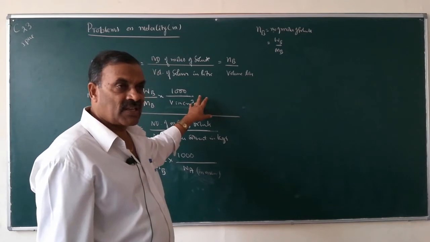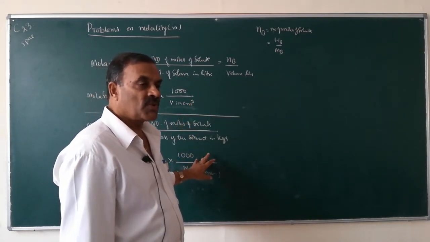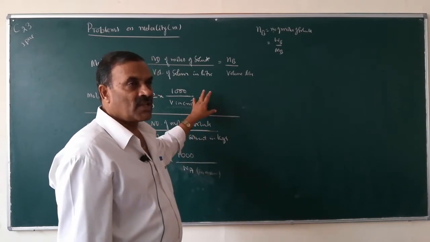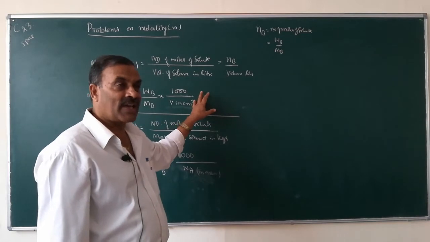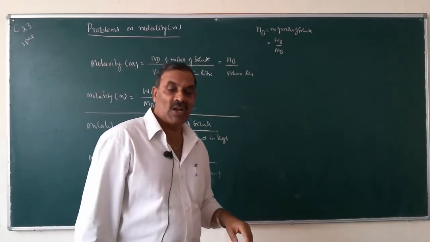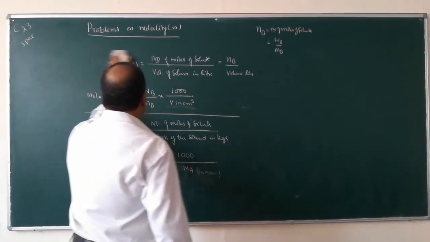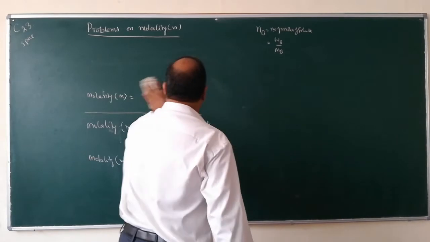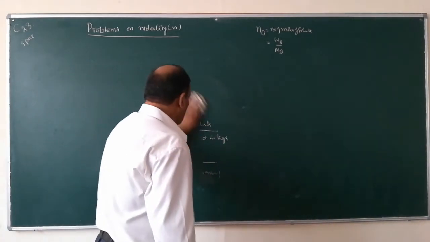The unit of molarity is moles per dm cube; the unit of molality is moles per kg. Molarity is affected by temperature, being inversely proportional to temperature. Molality is unaffected by temperature. So these are the differences between molarity and molality.